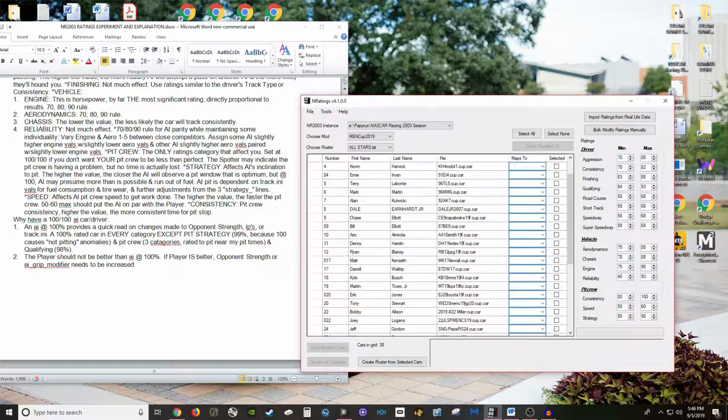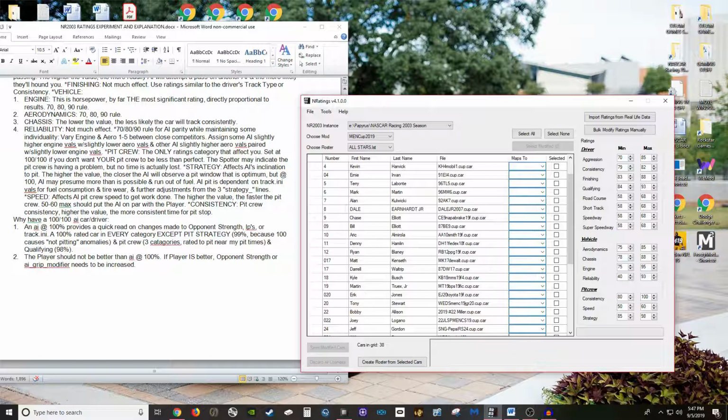If you make their ratings lower, they have more chance of missing their corner or not braking correctly or just being slower, getting out of the groove, making a mistake. But if their ratings are 90 or above, they're pretty much going to run Hall of Fame laps every single time. They're not going to make a mistake.